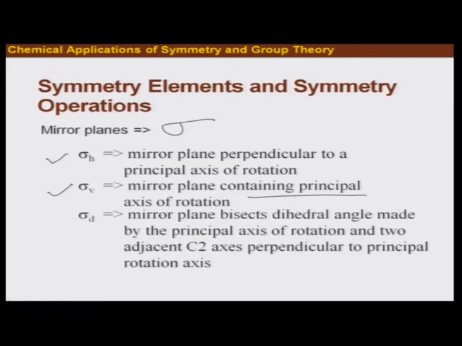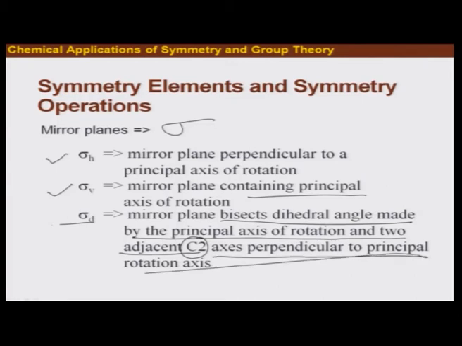There is another type of mirror plane which is known as sigma d. Sigma d is a mirror plane that bisects the dihedral angle made by the principal axis of rotation and two adjacent C2 axes. Here one note is that this 2 is actually a subscript. So, this mirror plane bisects the dihedral angle made by the principal axis of rotation and two adjacent C2 axes which are perpendicular to the principal rotation axis.